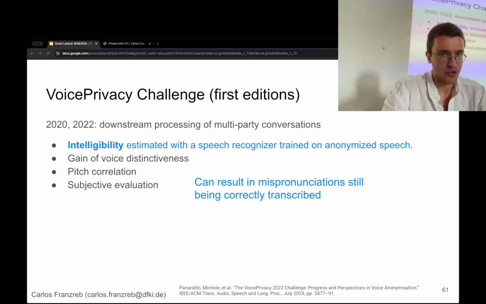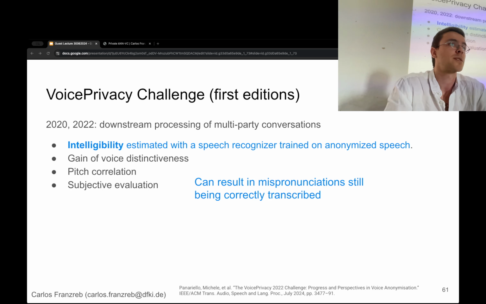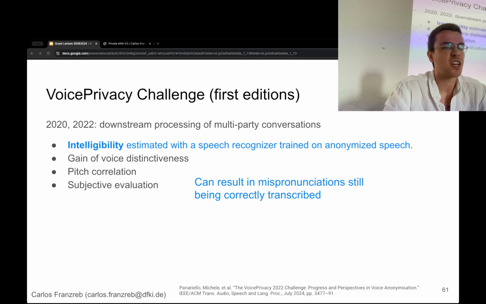And they showed, for example, that some systems were able to outperform the baseline, which is the performance achieved for original speech. You could say that this is because the anonymized speech cleans the noise or makes it less challenging. But in the scenario that we're using here, the data set that we're using, this is really not the case.